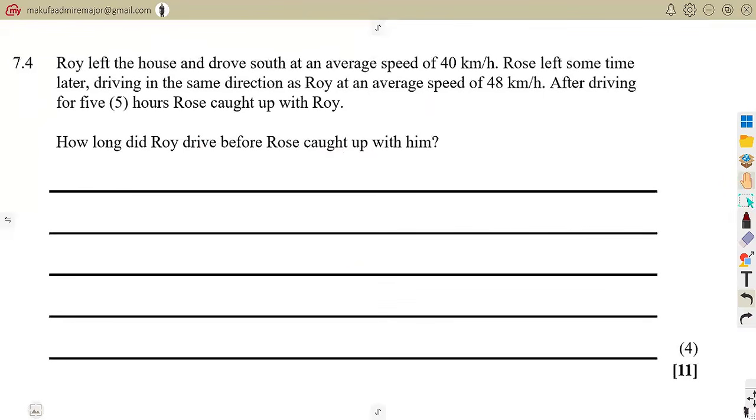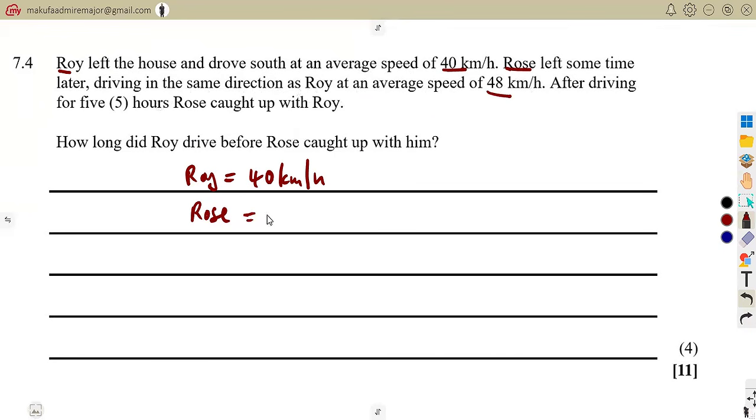7.4, we are given that Roy left the house and drove south at an average speed. So we are given the speed that Roy is traveling at. He is moving at 40 kilometers per hour. Rose left some time later in the same direction as Roy at an average speed.